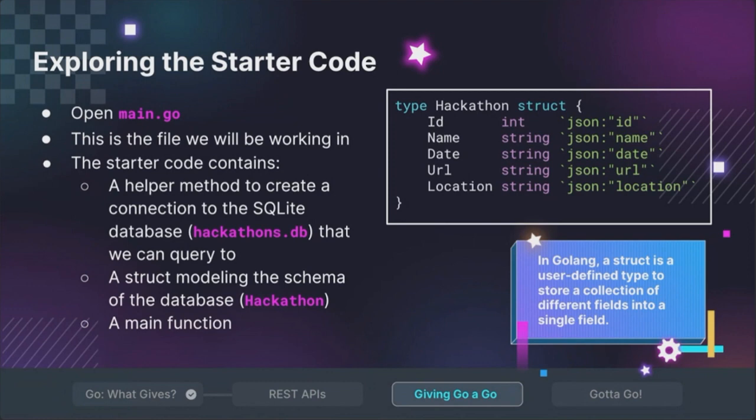And then we also have a main function, and in that main function, you'll see that we have some routes that are commented out, but we're going to uncomment those as we go along. And then there's also a validator, which we're going to use just to make sure that the data we're receiving from our clients is a valid form of data. So that will come into play later.